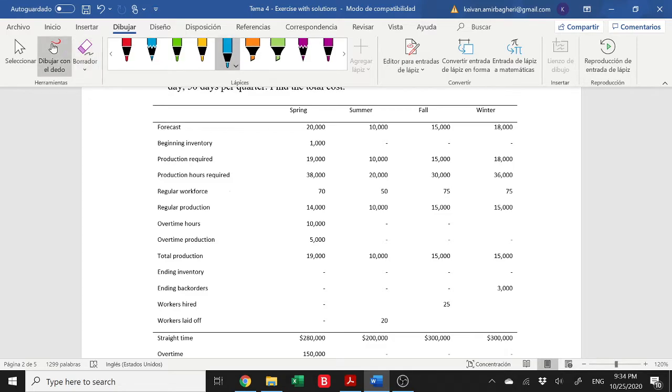In winter, guys, we have a forecast of 18,000 for this season. So for sure, we need to produce 18,000 products.